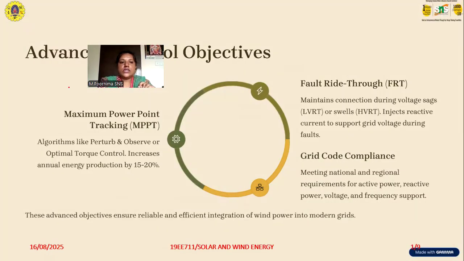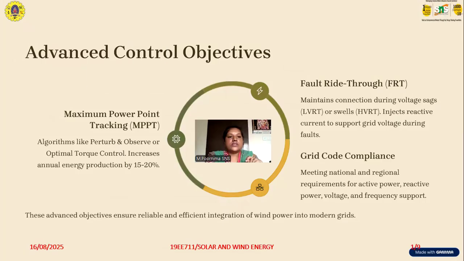Here come the advanced control objectives. First is maximum power point tracking. Algorithms like perturb and observe or optimal torque control increase annual energy production by 15 to 20%.